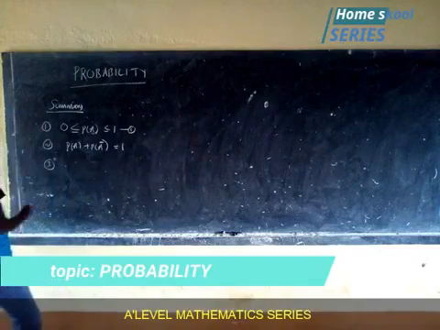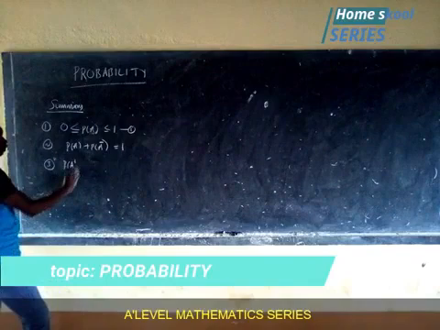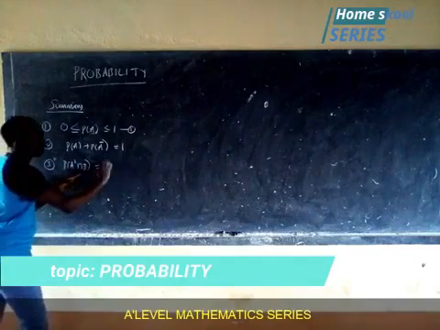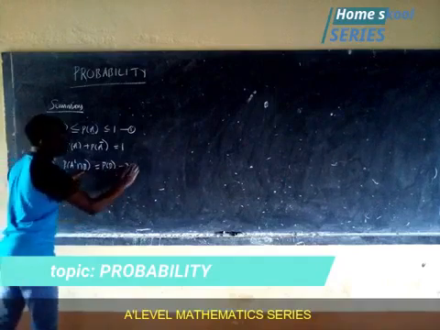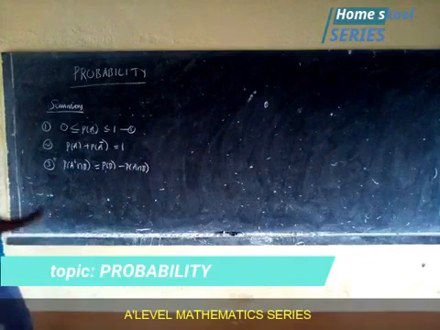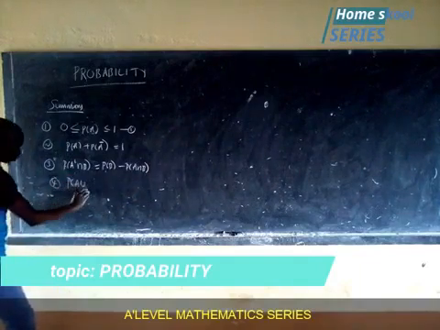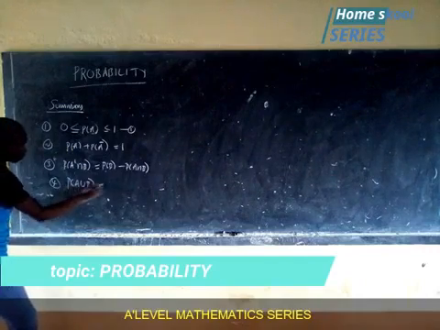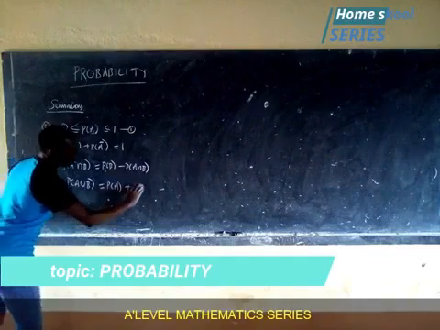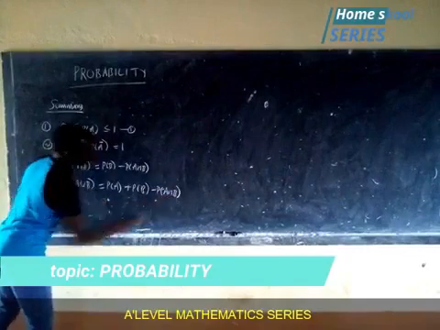Then we saw that for two events A and B, the probability of A complement intersection B becomes probability of B minus probability of A intersection B. And then we saw the additive rule, that the probability of A union B becomes probability of A plus probability of B minus probability of A intersection B.